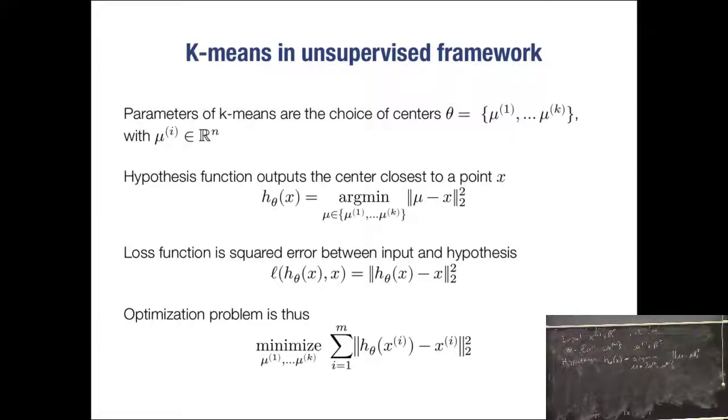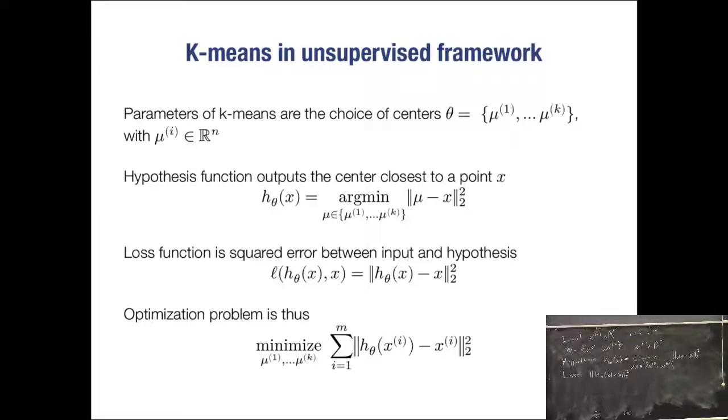And the loss function is just going to be the difference between these two. So when you think about it, this is just a formal description of the problem we had before.